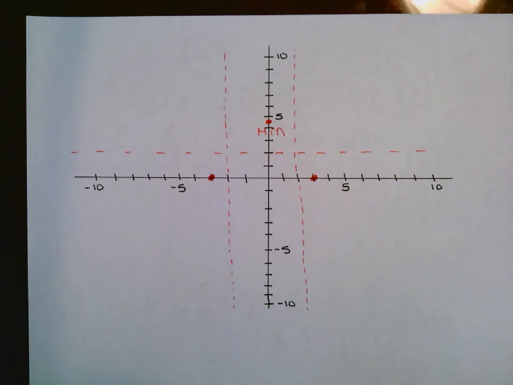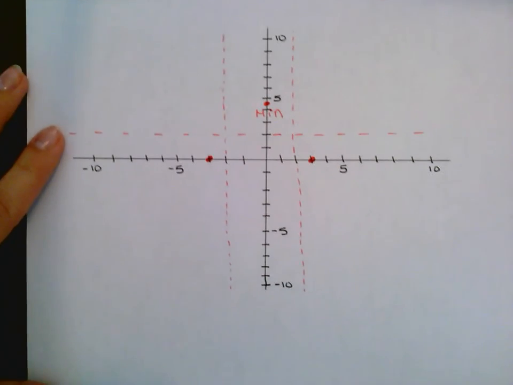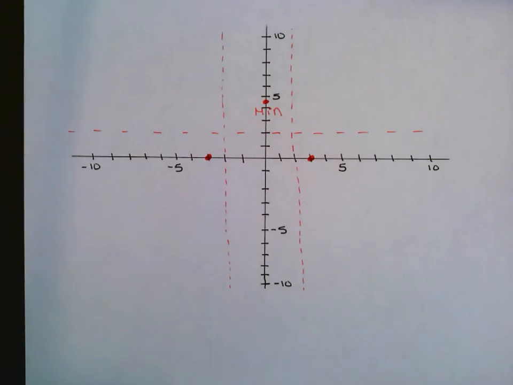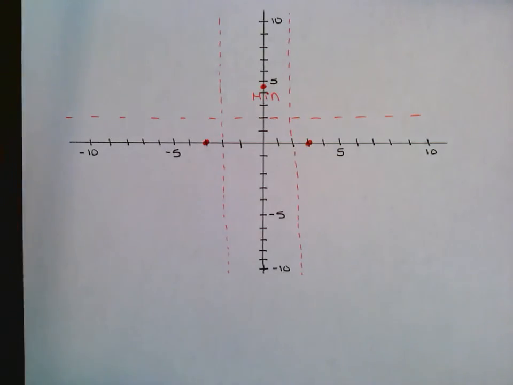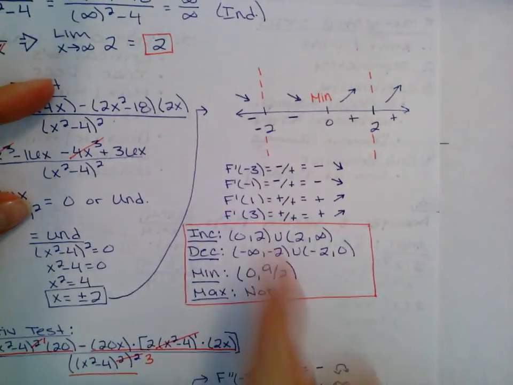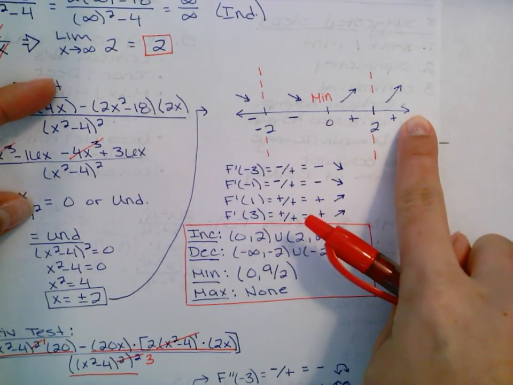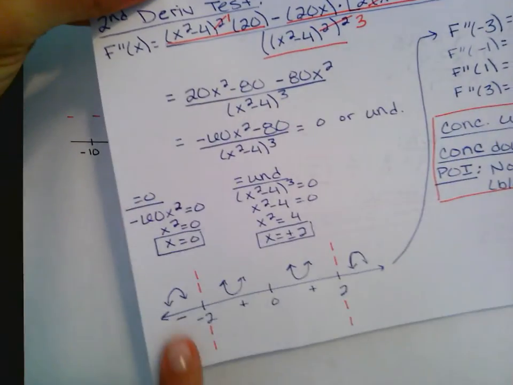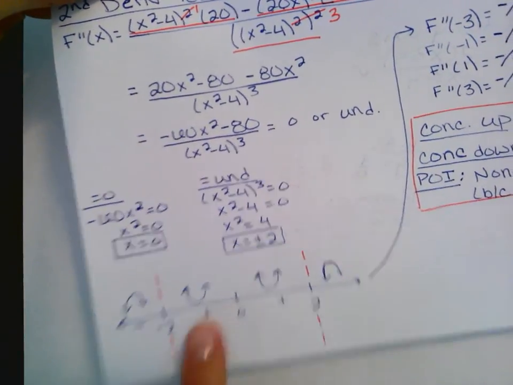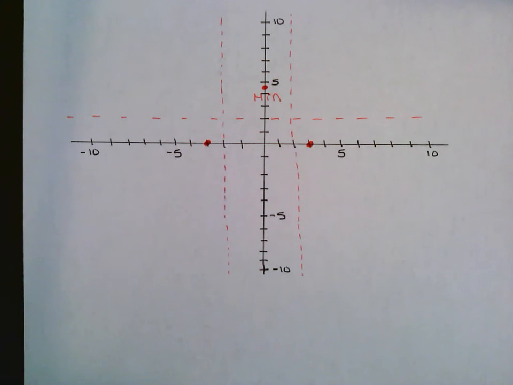Now, my first derivative test says that I'm going to start off decreasing. So look, I don't know if I can fit it all here at once. As you look at this graph, I also want you to look specifically at this part of your notes, okay? And at this part of your notes, okay? That's what I'm going to be looking at as I talk. So the first thing that I see happening before the asymptote at -2 is that it is decreasing and that it is concave down, okay?